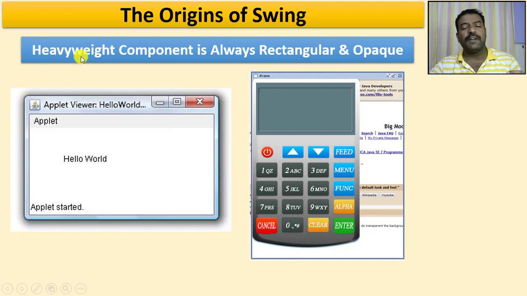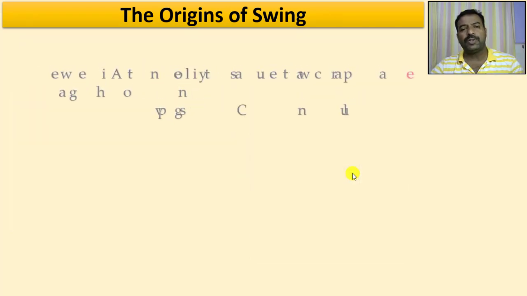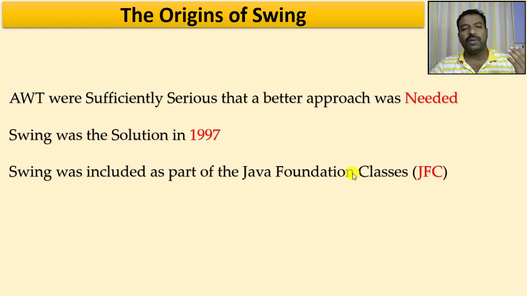When I use a heavyweight component, I always have a fixed structure. And with Swing, I can think about lightweight components which allow me to build all these kinds of modern GUIs. This is where Swing comes into the picture over AWT.